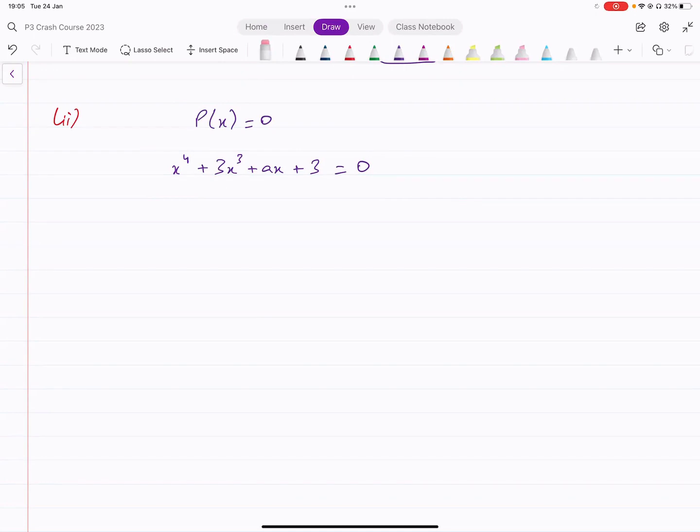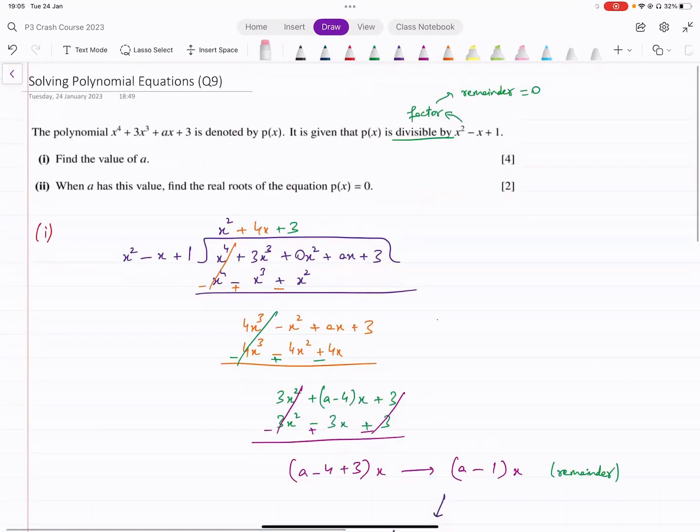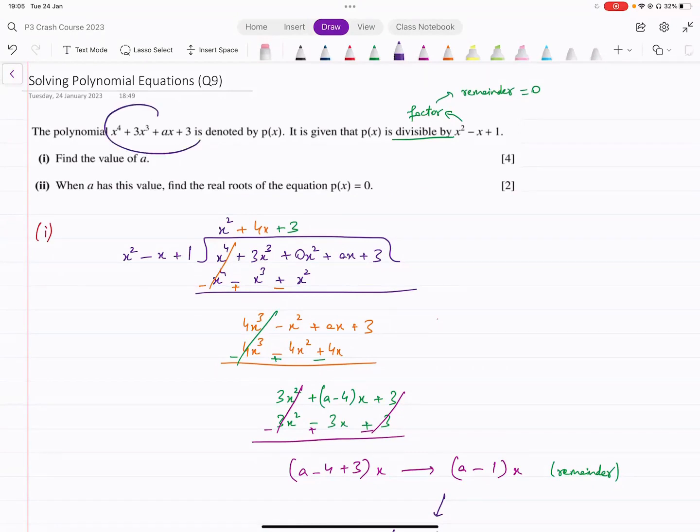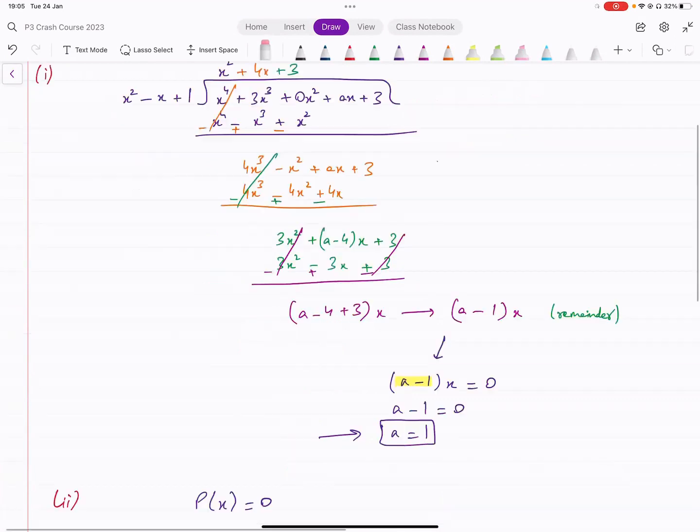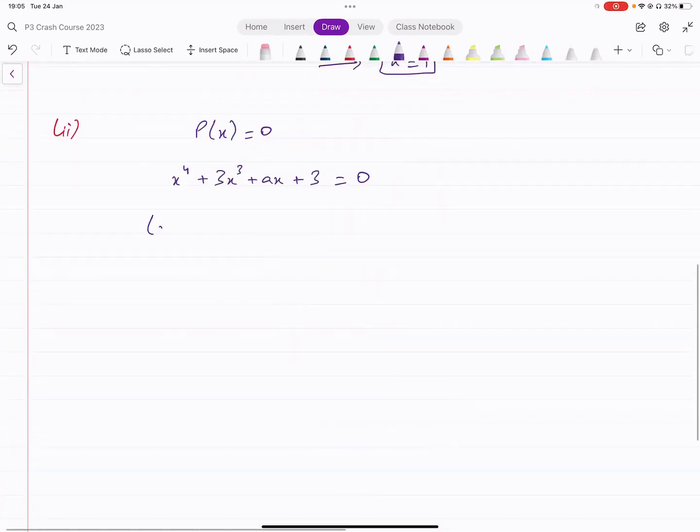Now, what have we done in the previous part? From the previous part, we know that one factor of this polynomial is x squared minus x plus 1. That's what is given. So x squared minus x plus 1, this is one factor that we know about.